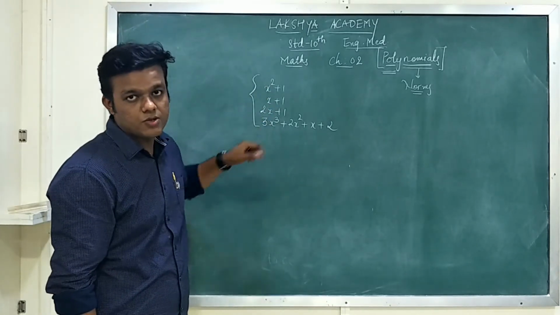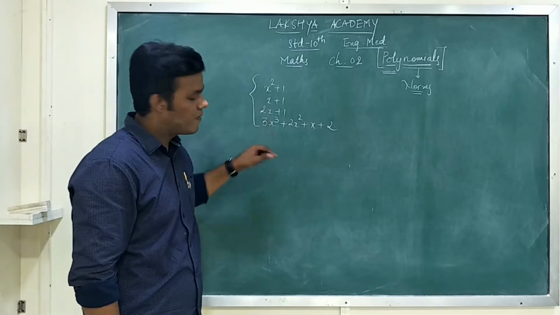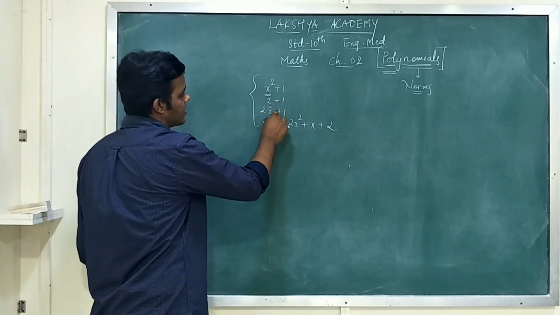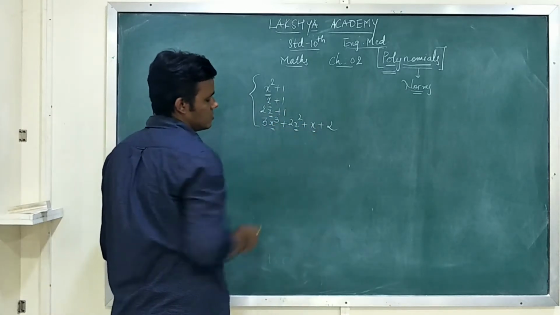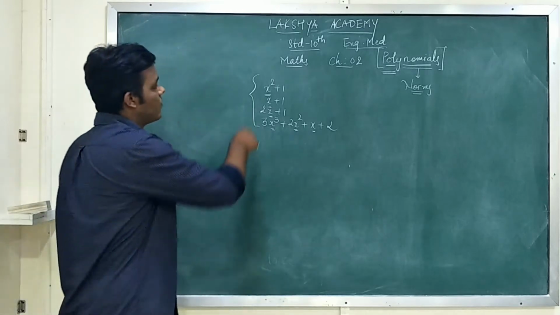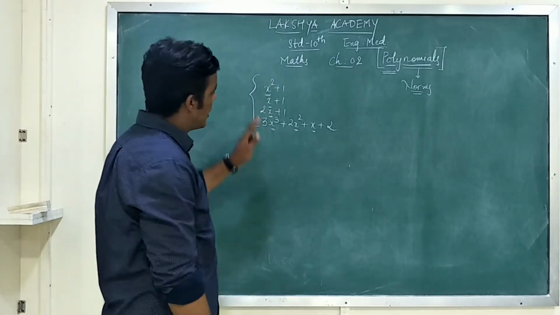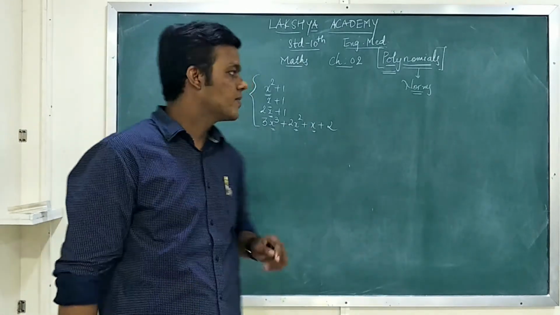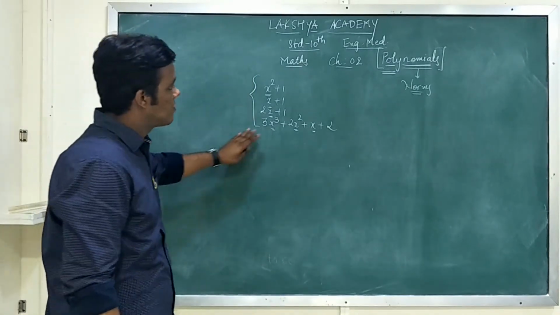What do I want to convey by saying single variable? Because it is having x only, x as the variable. Not y, not z, not t, not s. Only a single variable. If it will have y, then y only. If it will have t, then t only. Right? These are the examples of polynomials.